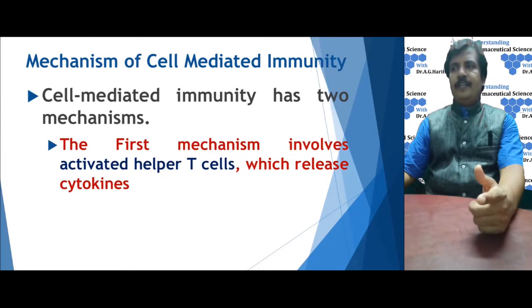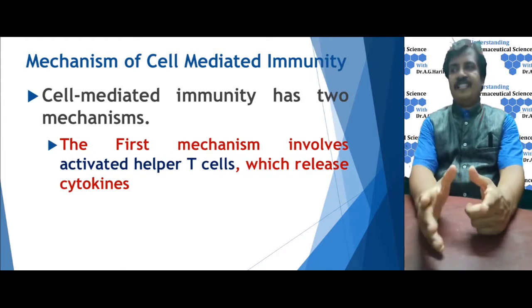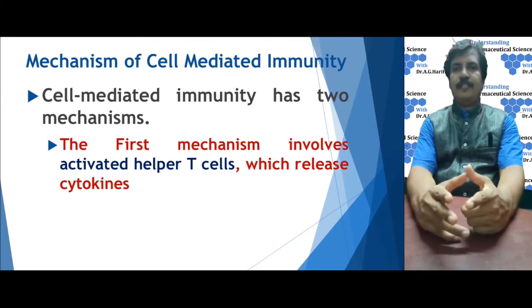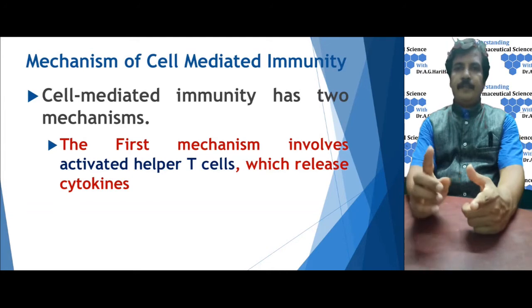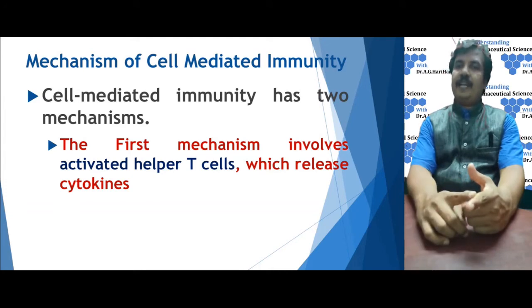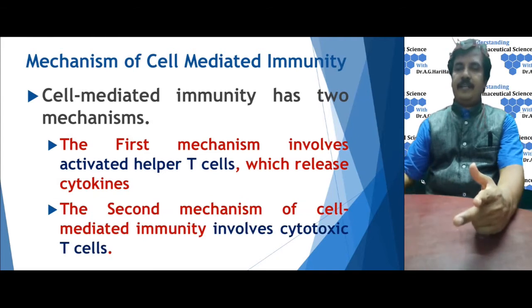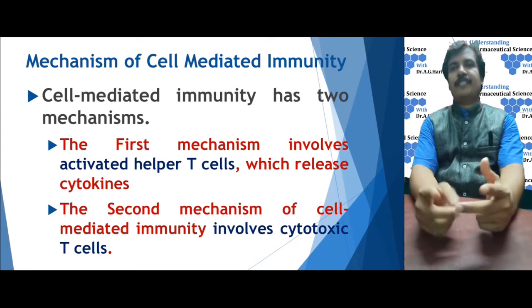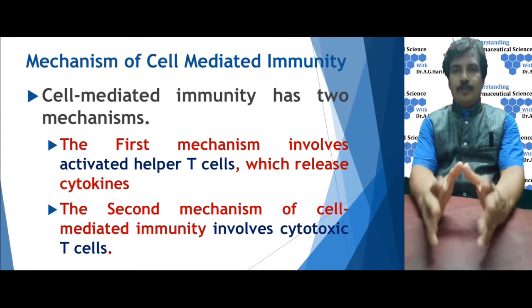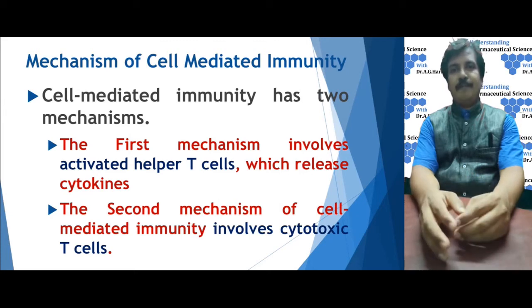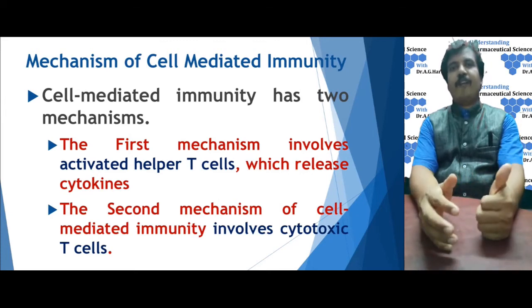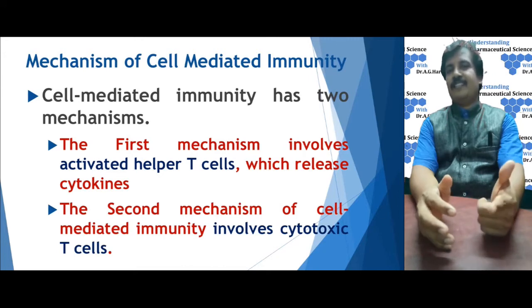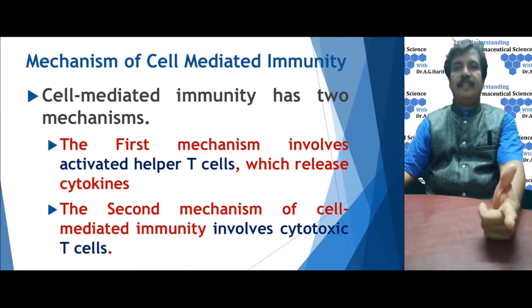One involves activated helper T cells which release cytokines, thereby stimulating the cytolytic T lymphocytes or other phagocytic cells. In the second mechanism, it can directly activate the cytolytic T lymphocyte, thereby inducing cell mediated immunity. So there are two types of mechanism possible in cell mediated immunity. One is the involvement of helper T cells, and the second is the direct involvement of cytolytic T lymphocytes, cytotoxic T lymphocytes.